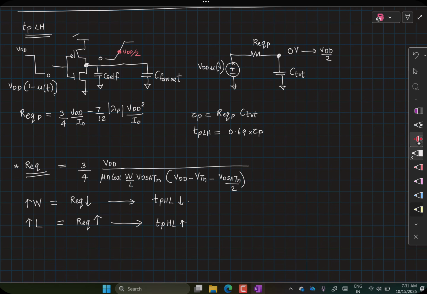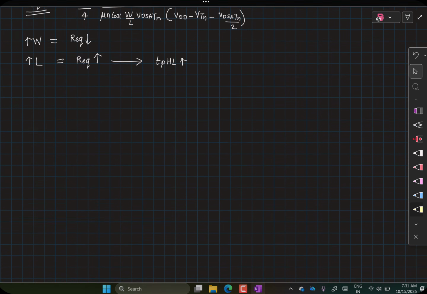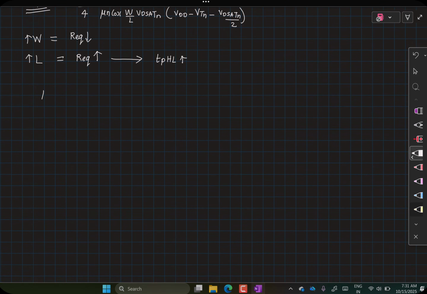Now, here is a small catch in the statement, because you also know that when you increase your width, your capacitances can also increase. So, if I were to write it very cleanly, I can write your TPHL as 0.69, which is a constant, into R equivalent N into C self plus C fan out.